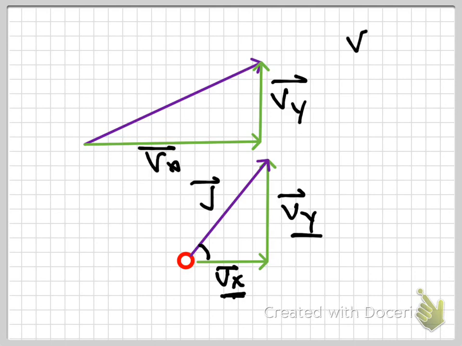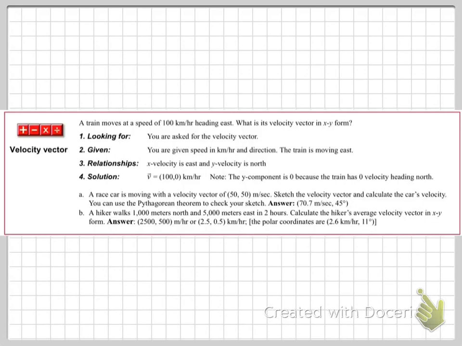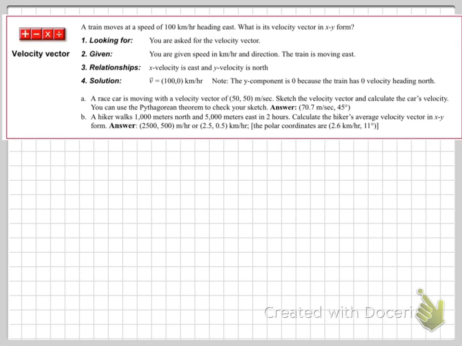If you're just talking about speed, so no direction, so the magnitude of your velocity vector is sometimes just written with a v. Then when you're talking about the vector, it's written with a v with the half arrow above it. This is the vector symbol, okay? That separates something from being a vector versus not being a vector, okay? So moving on here, we're going to do a couple examples. So let me move this up here.